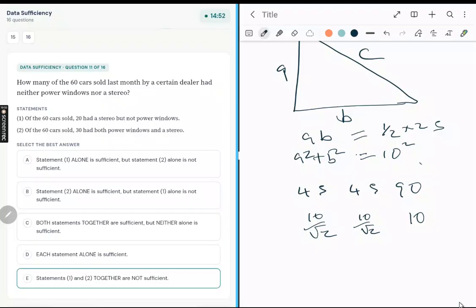But so what can we get? How many of the 60 cars sold last month by a certain dealer had neither power window nor stereo? They had neither. Okay, so it is about the neither. How are we going to find the neither? 60 cars sold, 20 had stereo but not power window. 30 had power windows and the stereo.